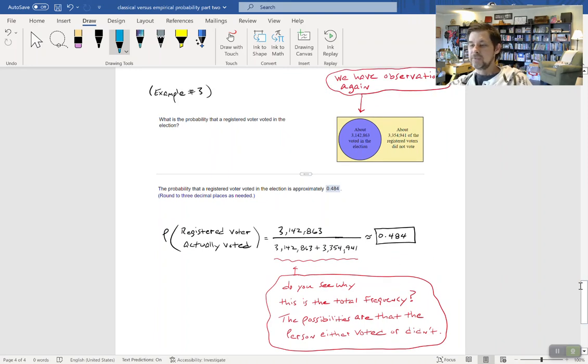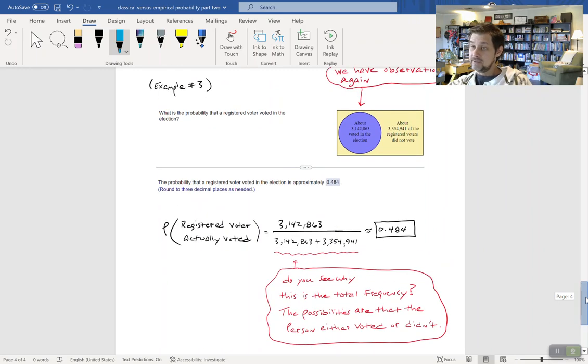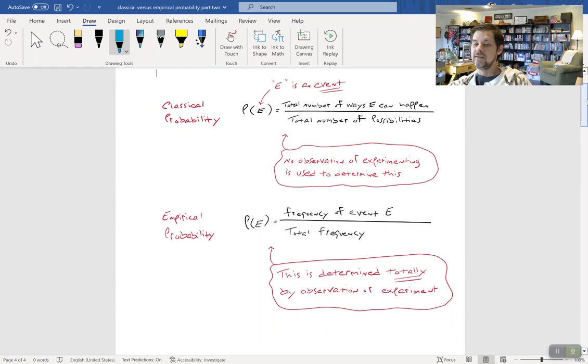Okay, so I hope that highlights the difference between these two formulas. The formulas themselves may look and sound different. They're not, though. They're both fractions. They're both divide. You have a total on top, a total on bottom.